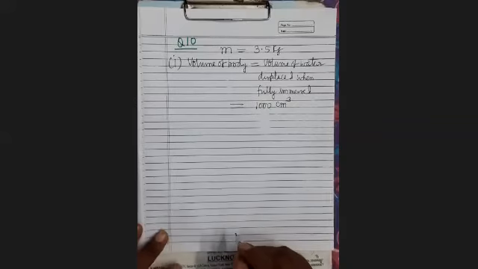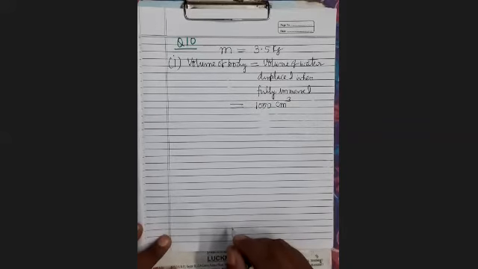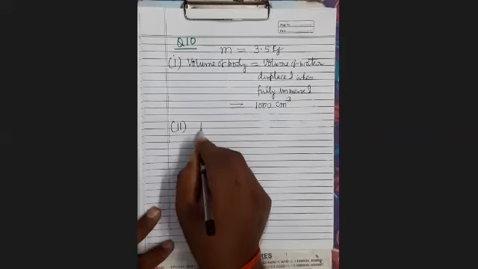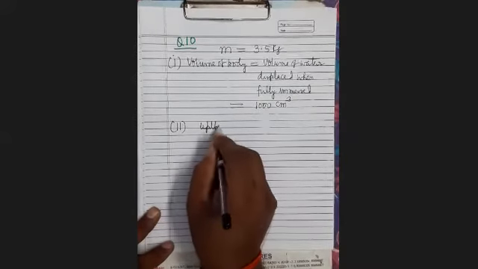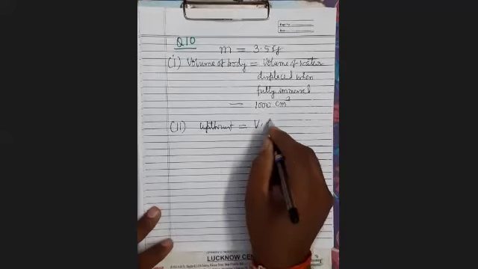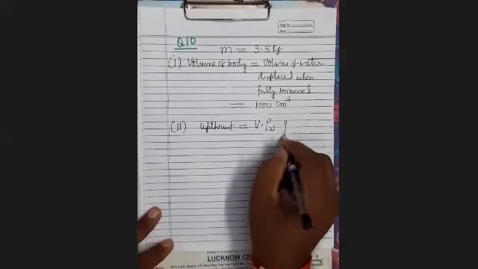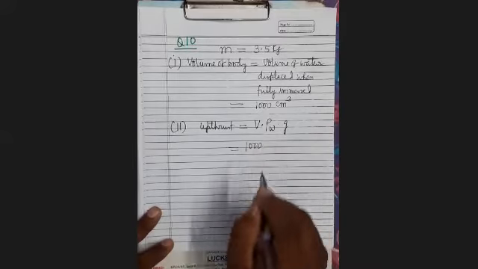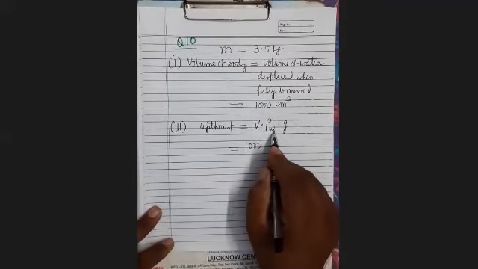Then upthrust on the body you have to calculate. What is the upthrust on the body? So you see here, upthrust equals to volume into density of water into g. So volume is given 1000 centimeter cube. So density we will take in centimeter cube.